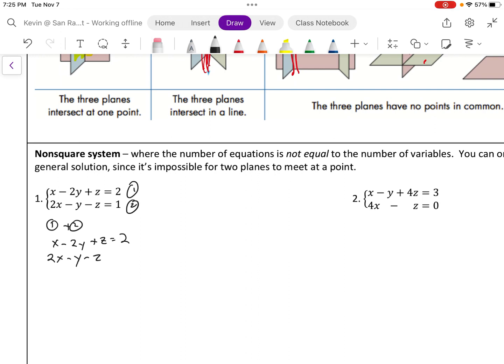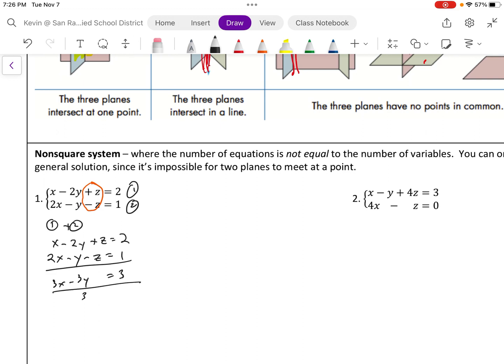And the reason I only have to add 1 plus 2 is because, as we see, we have a plus and minus z here. So we know we can eliminate the z from that. So I have 3x minus 3y equals 3 when we add them together.